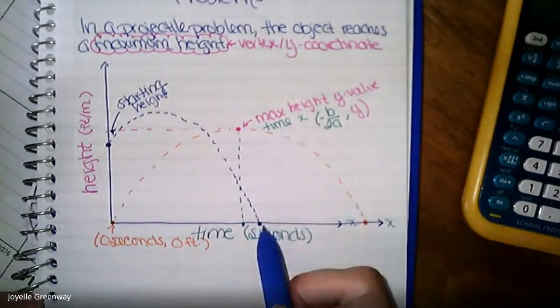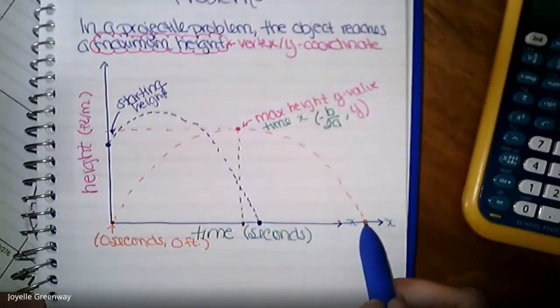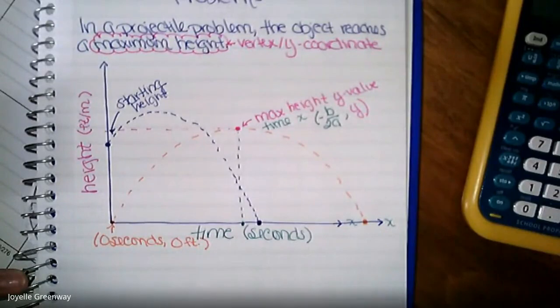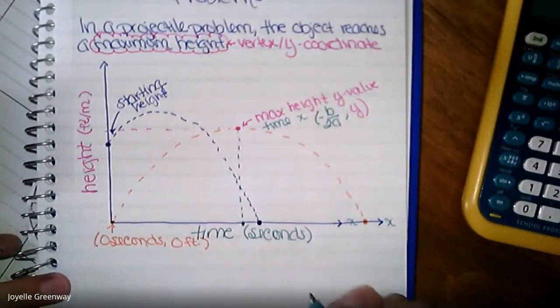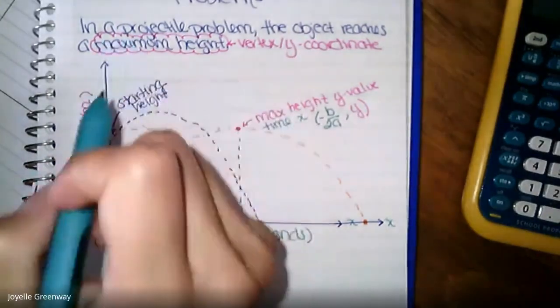So when you're solving for time, this here and this here, when you're looking to see when the object hits the ground, you're solving your quadratic.